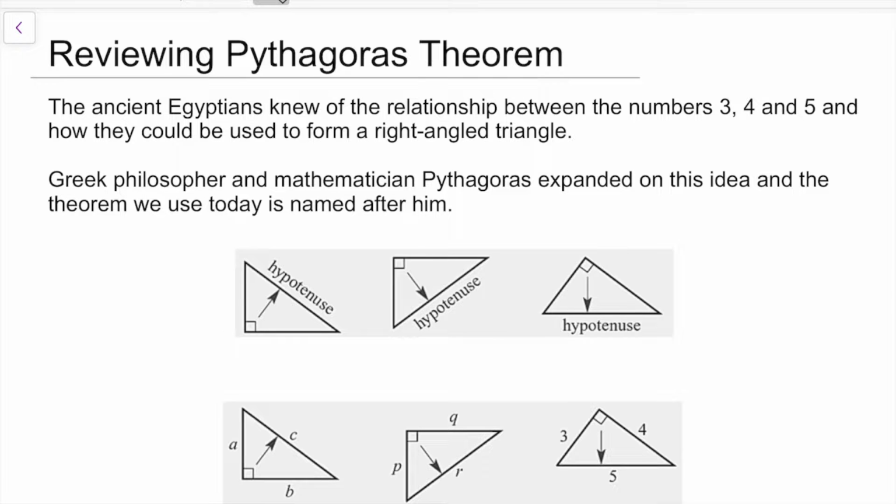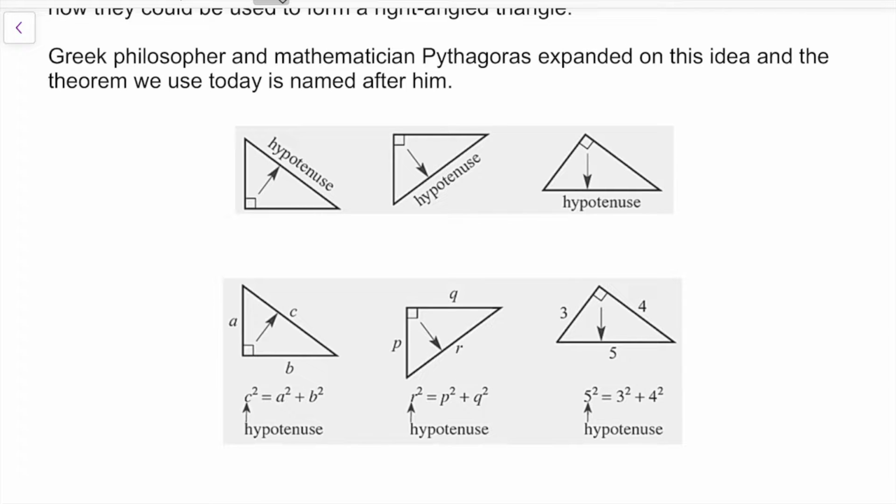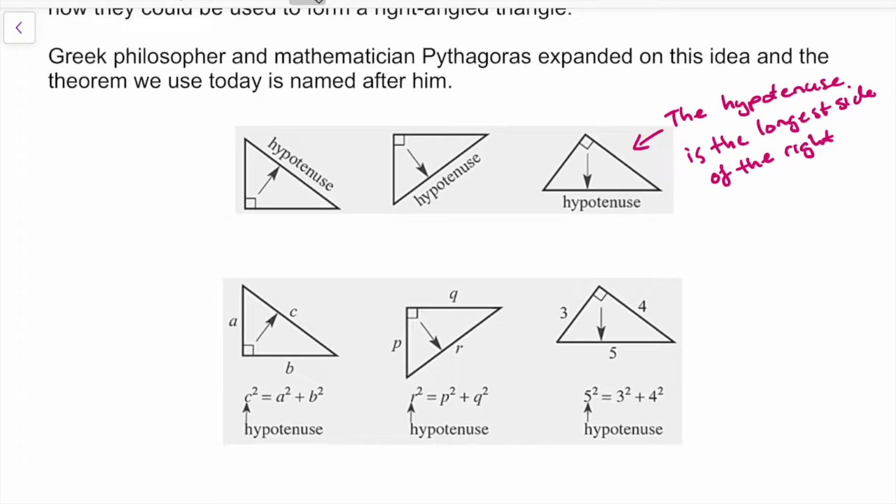So all we need to know to make Pythagoras' theorem work is the hypotenuse. The hypotenuse is the longest side of the right angle triangle, I should say, and it is always directly opposite the right angle.